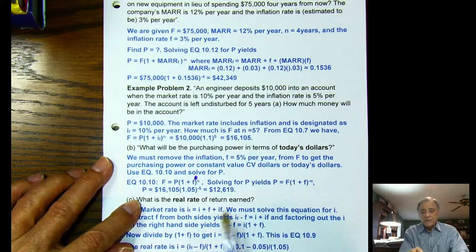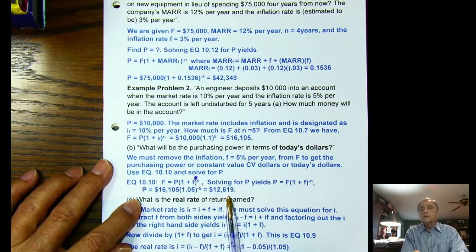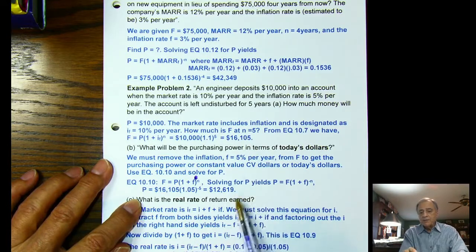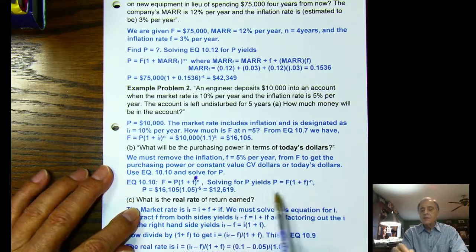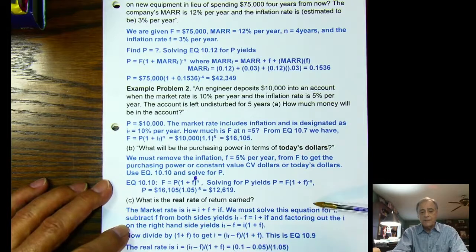So you do that, and you get purchasing power of those $16,105 of $12,619 because inflation has eaten away at the purchasing power, okay?